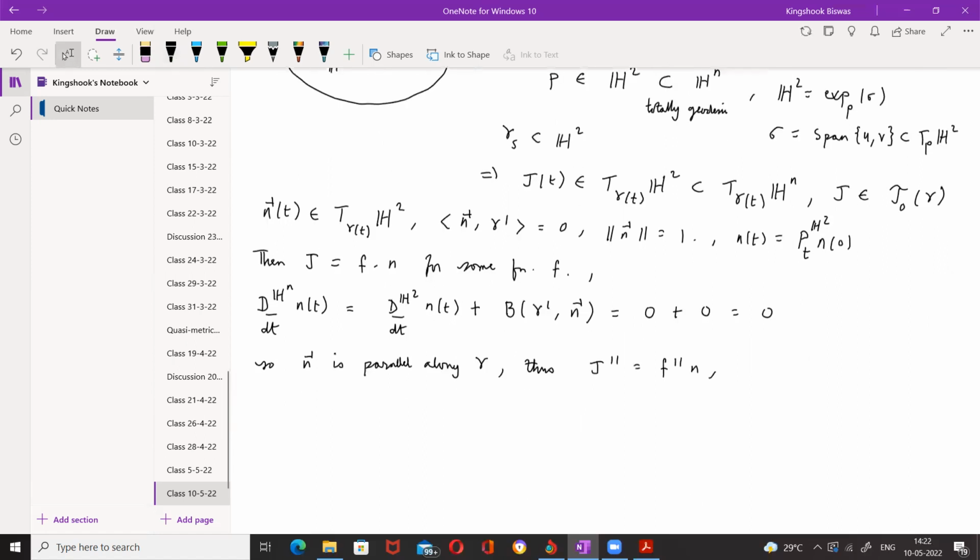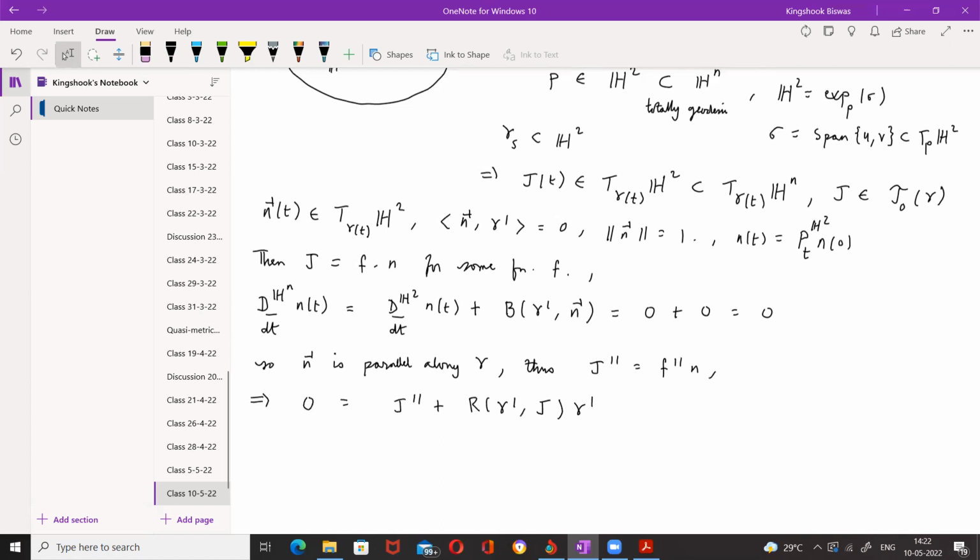Okay. So now we use the Jacobi equation. I know that 0 is equal to J double prime plus R(J, gamma prime) gamma prime.